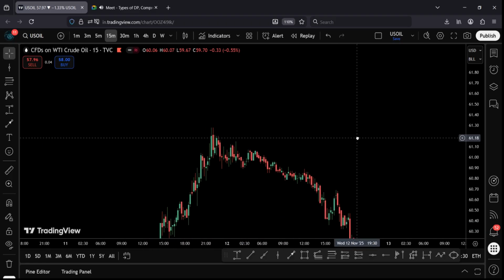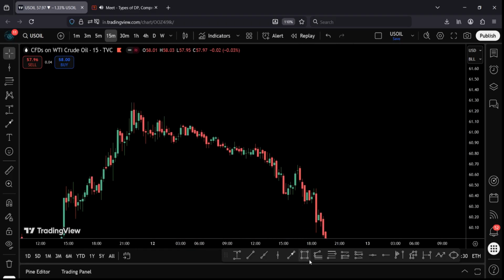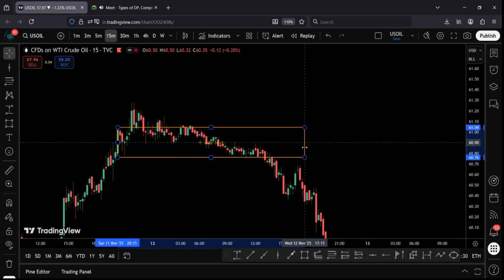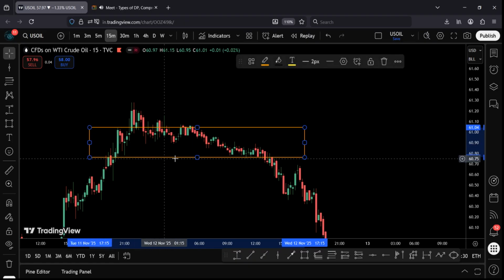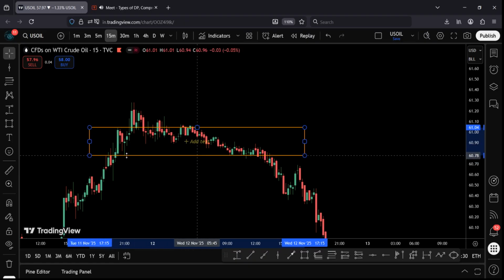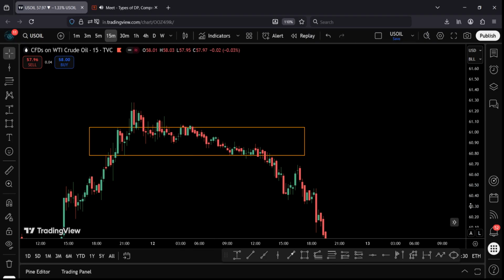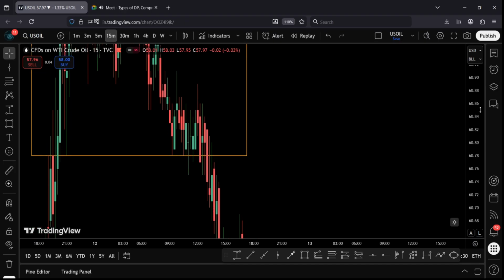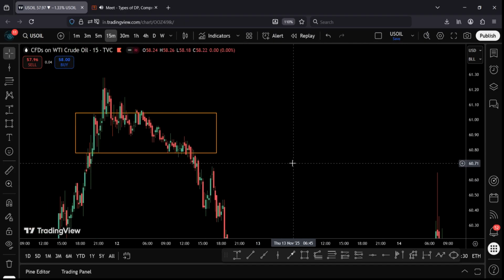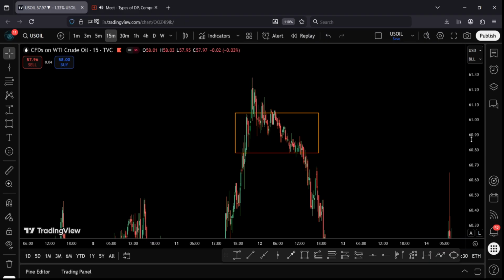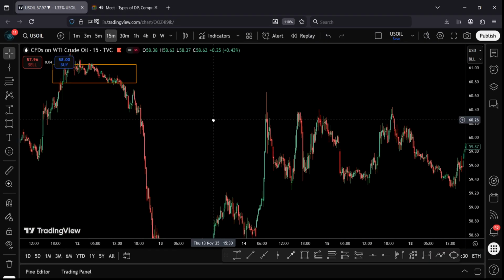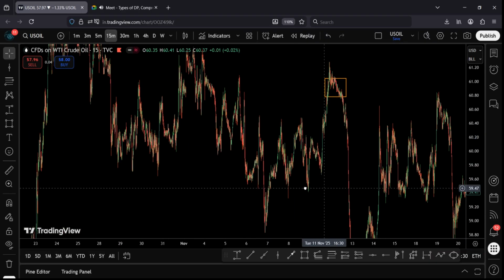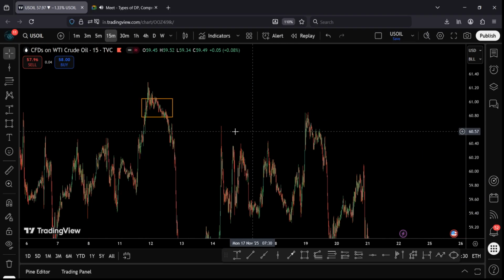If we go here and take this high, low, higher high and lower low, if we take this zone here, like this, what will we find? This one.